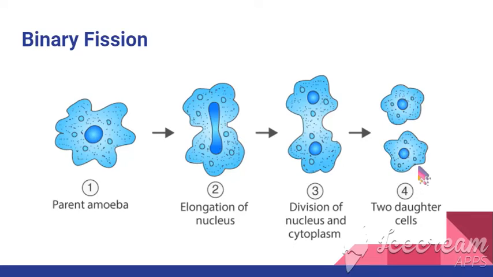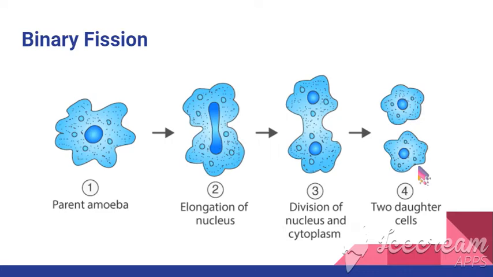So this binary fission involves division of an organism into two individuals. The example is amoeba. Some unicellular organisms like bacteria, algae, fungi, paramecium, amoeba are some of the examples of this type of binary fission.